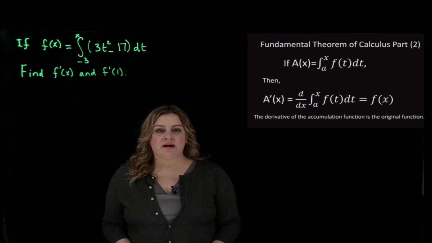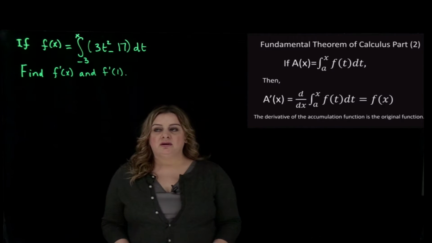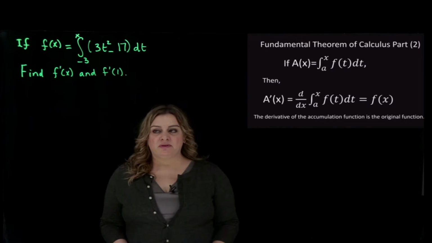We will start with our example and apply part 2 of the theorem. If F of x equals the integral from negative 3 to x of 3t squared minus 17 dt, we want to find F prime of x and F prime of 1.